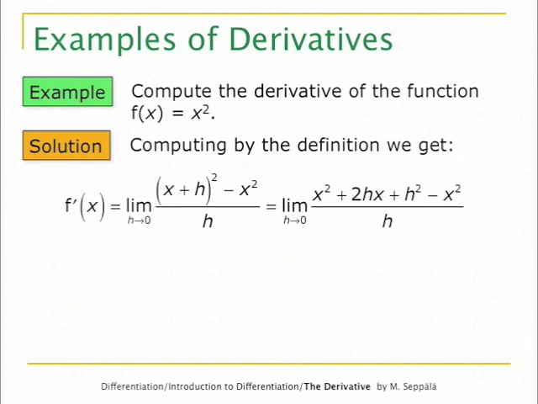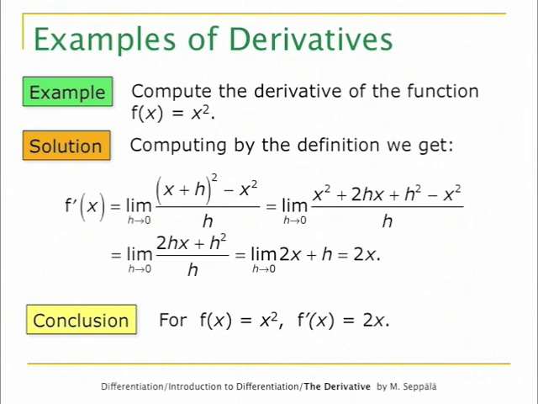Here in the numerator x squared cancels out and we are left with 2 times h times x plus h squared, and that divided by h. Now h cancels out and we are left with 2 times x plus h. The limit of this expression as h approaches 0 is simply 2 times x. We conclude that the derivative function of the function x squared is f prime of x equals 2 times x.